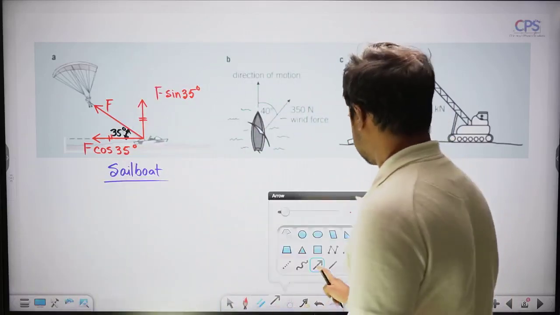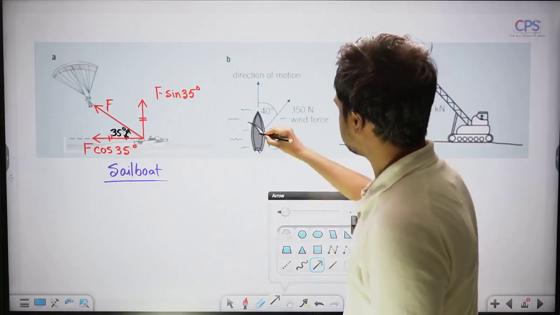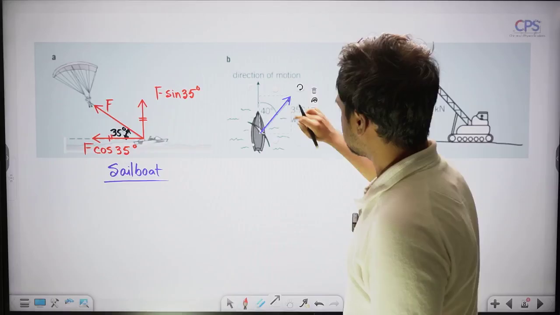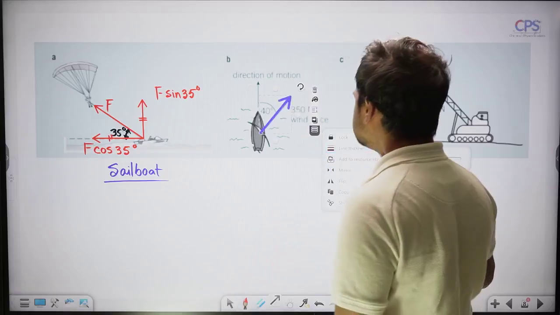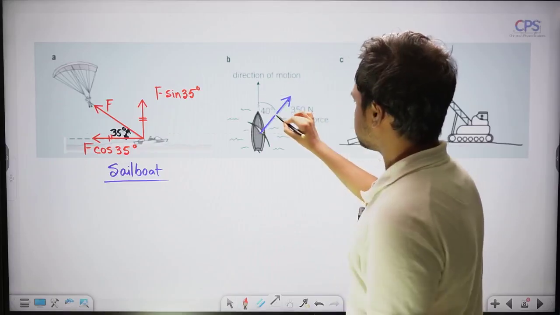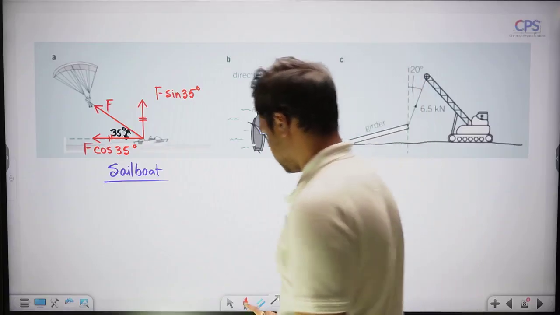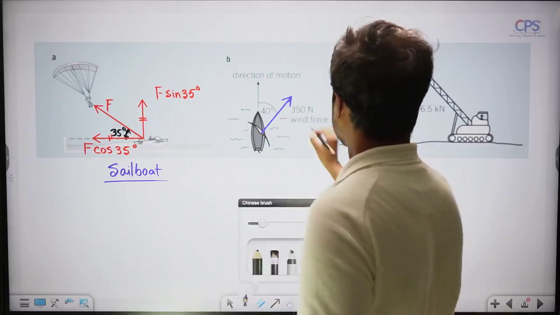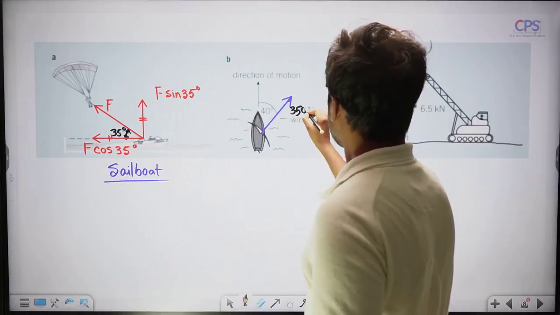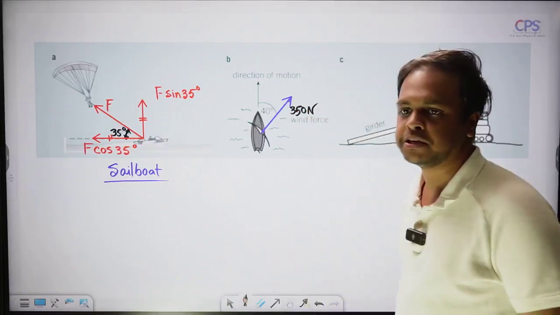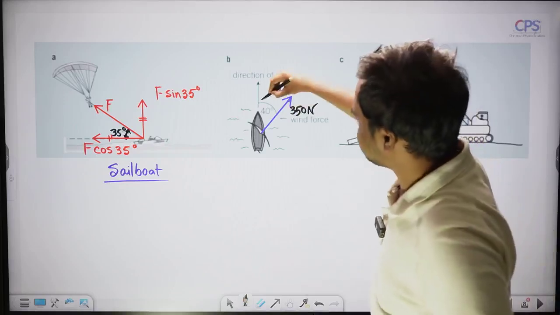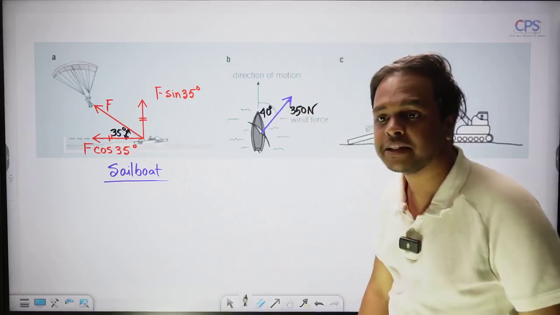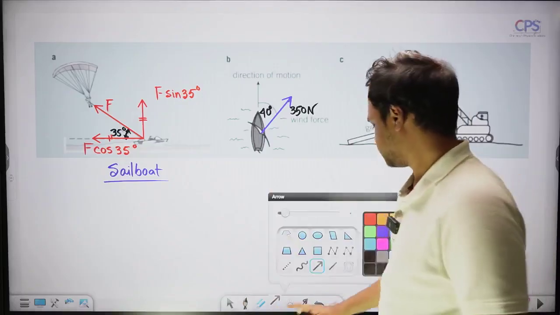For this one, this is 350 Newton, the force of the wind. The angle given is 40 degrees. So what will be the components of it?